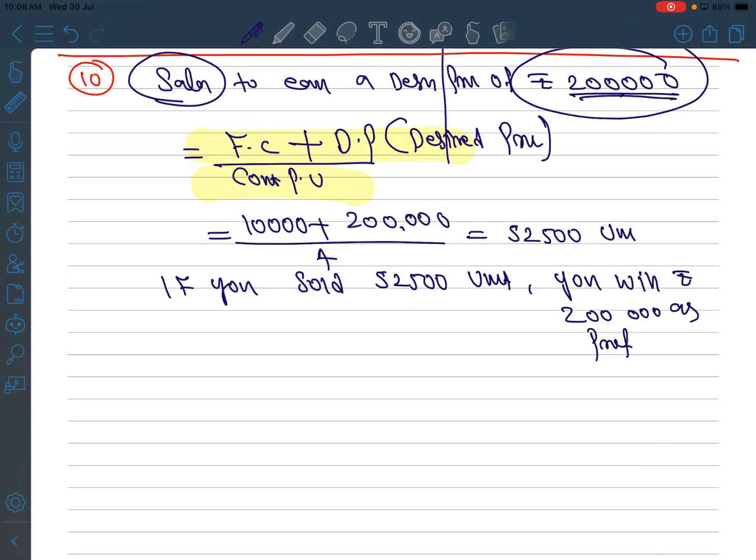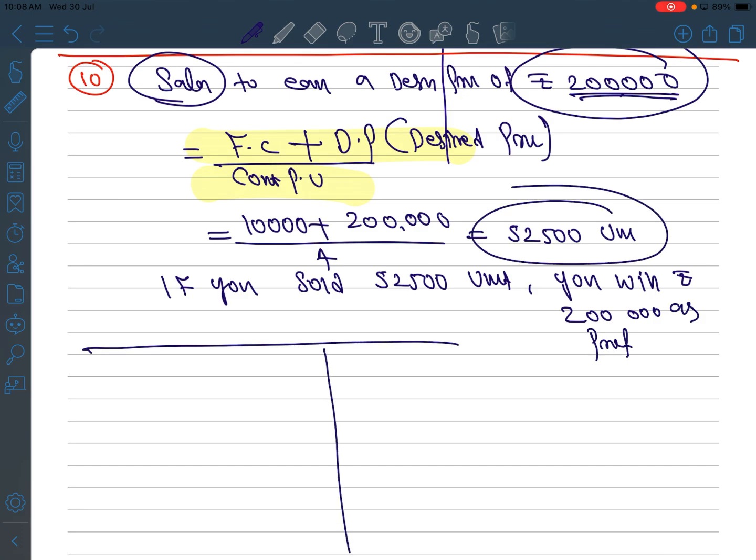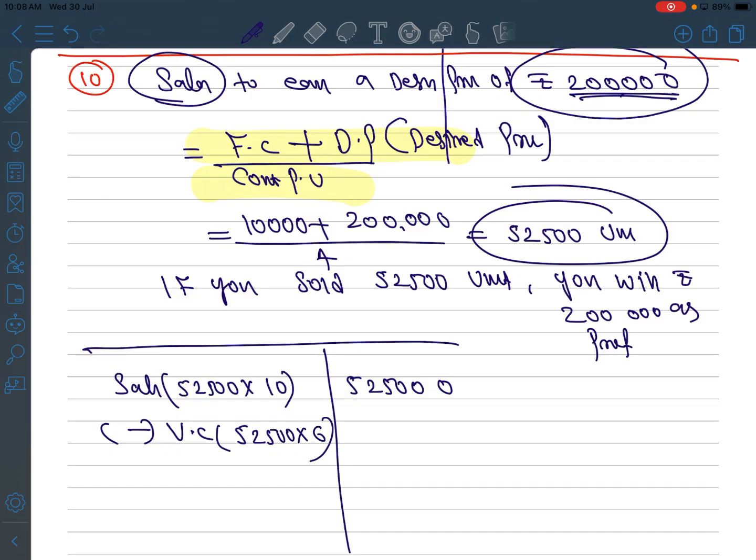Maybe you are not satisfied with this equation. To satisfy you, I will show you an income statement based on these 52,500 units. Sales: 52,500 into the selling price is 5 lakh 25,000. Minus variable cost, 52,500 into 6, which is 3 lakh 15,000.